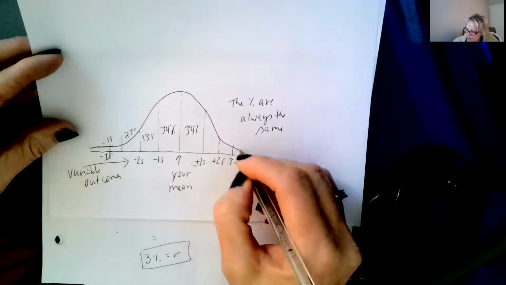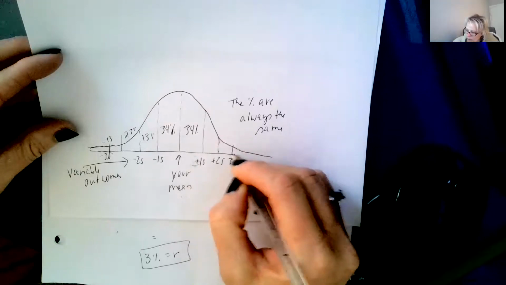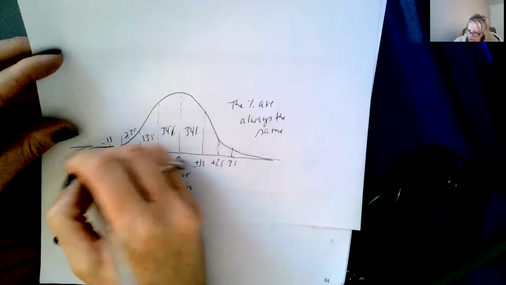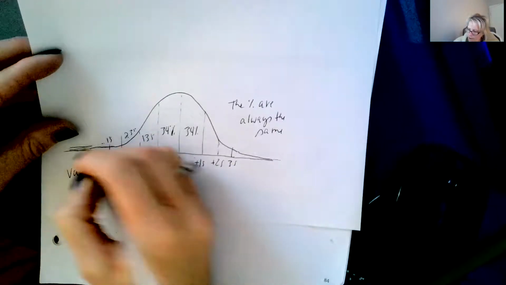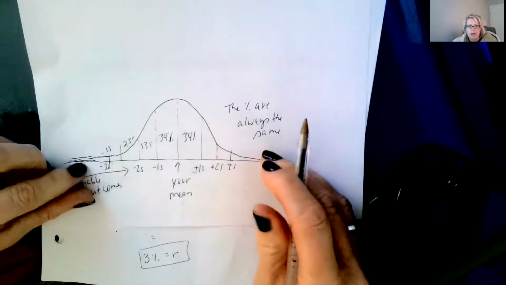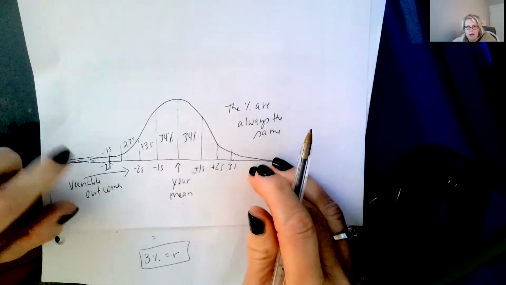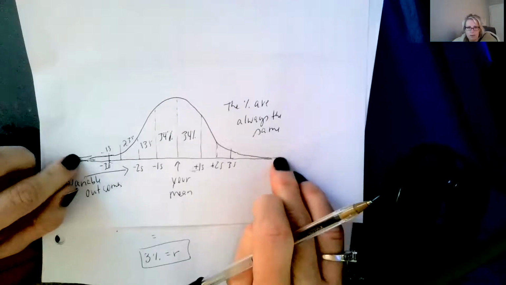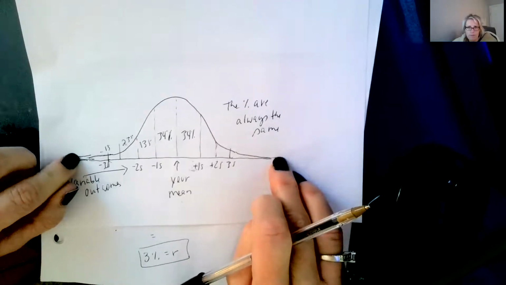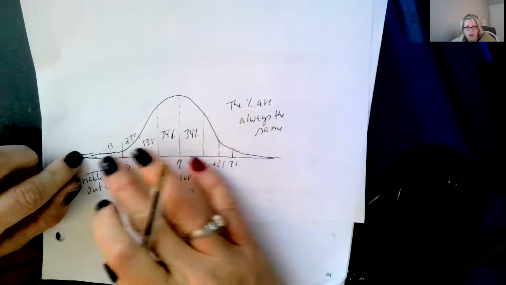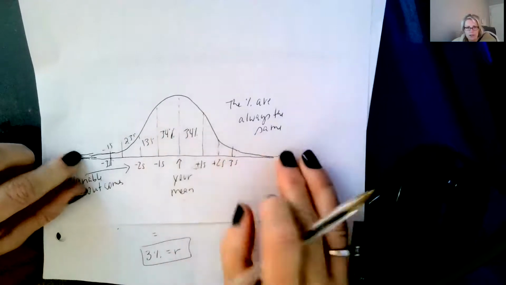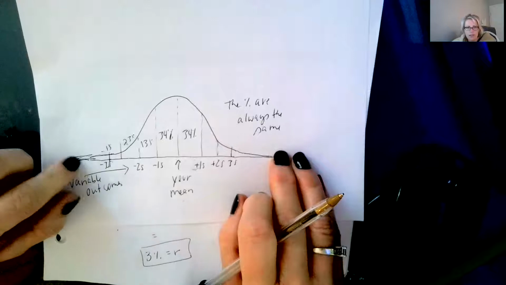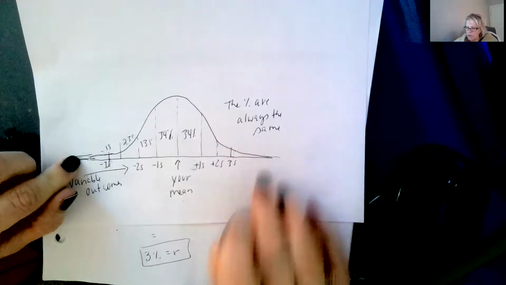So what happens is this becomes very, very close. It gets very, very close to 0 out here and very, very close to 0 out here. But it never goes below a 0 percentage and it never goes above 100%. So 100% of your data is under here, but it never can go negative or more than 100%.